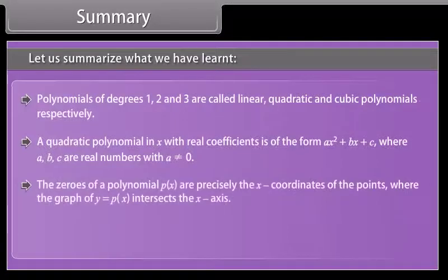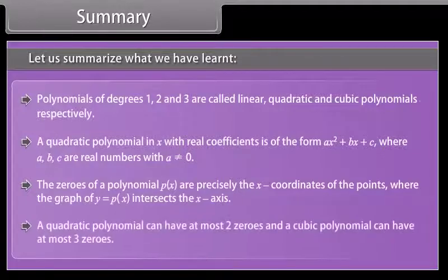The zeros of a polynomial p(x) are precisely the x-coordinates of the points where the graph of y equals p(x) intersects the x-axis. A quadratic polynomial can have at most 2 zeros and a cubic polynomial can have at most 3 zeros.